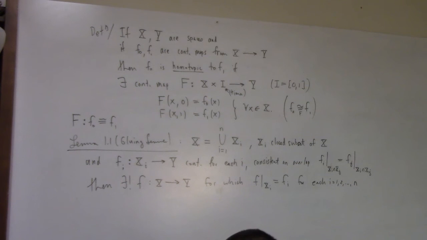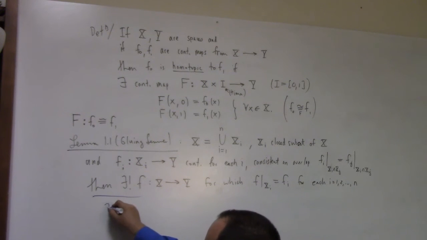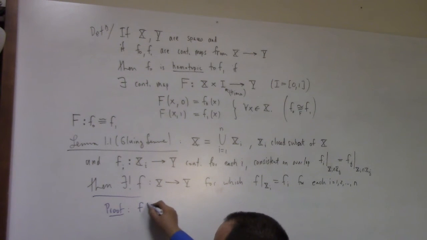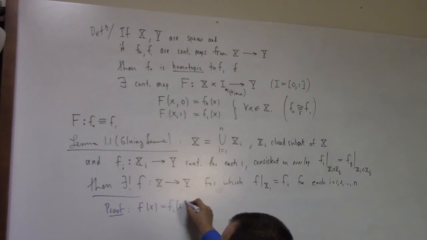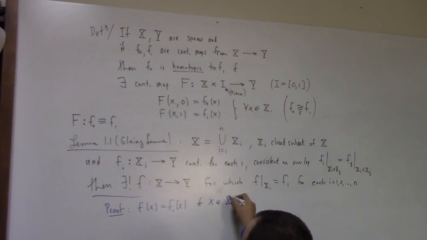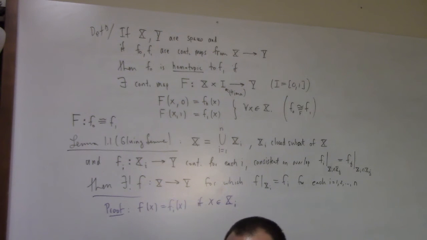He says it's obvious that f is defined by, well, first of all, proof. Point number 1, you know how to define f, right? f(x) is equal to f_i(x) if x is an element of X_i.